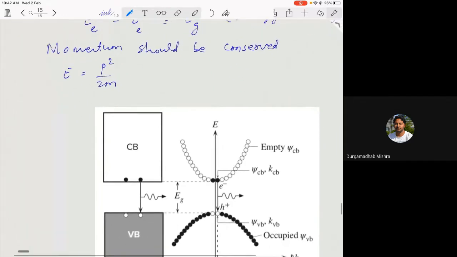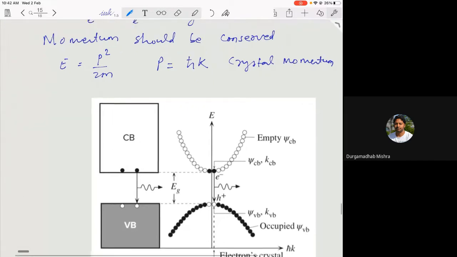So the momentum p is normally written as h cross k in case of an electron in a crystal. This is known as the crystal momentum. It is not the momentum of the crystal, but the momentum of the electron in the crystal.